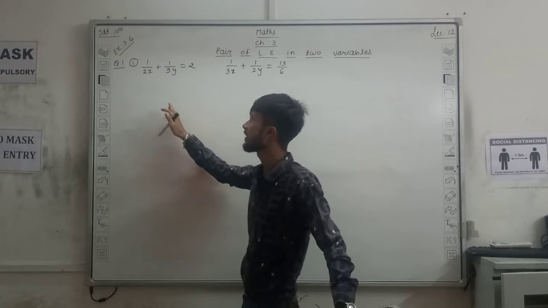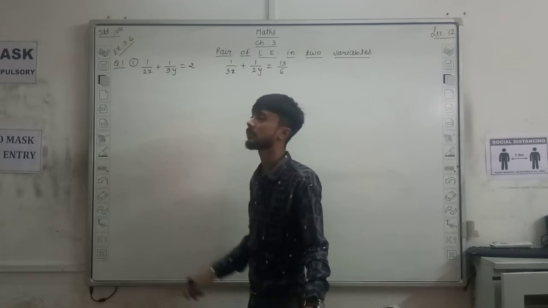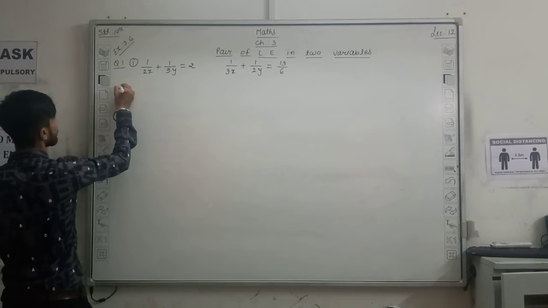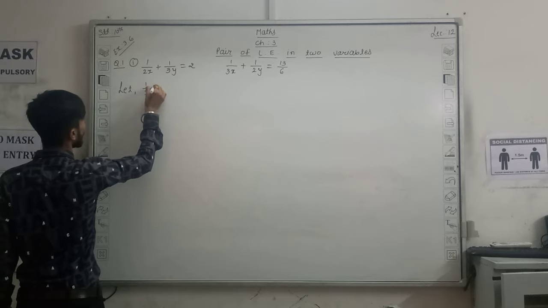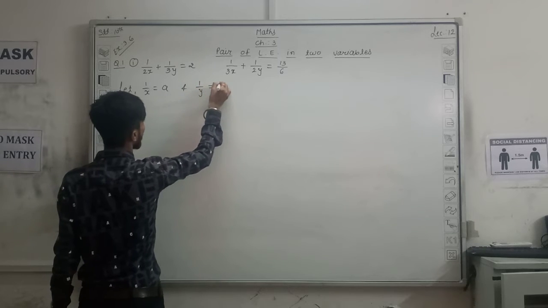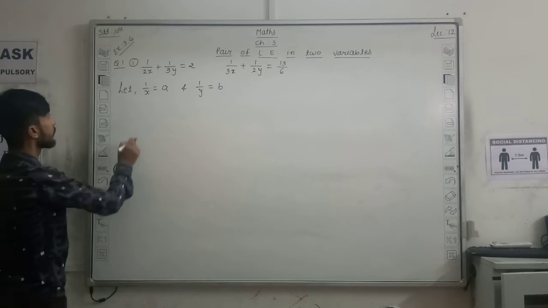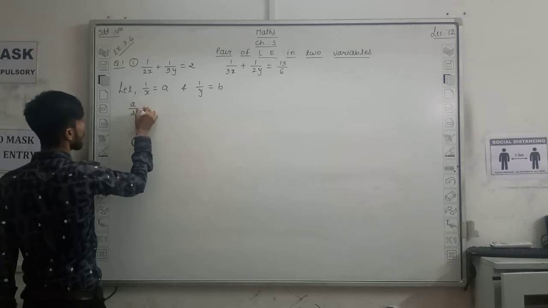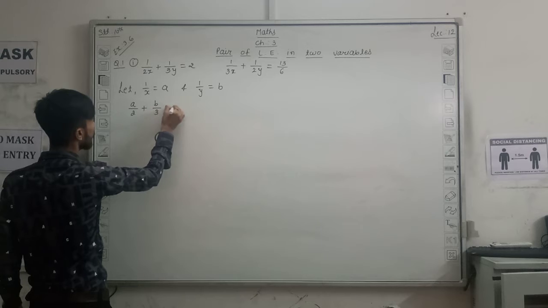So first let us suppose 1 upon x equals a and 1 upon y equals b. Why? So if we suppose 1 upon x equals a and 1 upon y equals b, then these two linear equations reduce to 1 upon x, that is a by 2, plus 1 upon y, that is b by 3, equals 2.